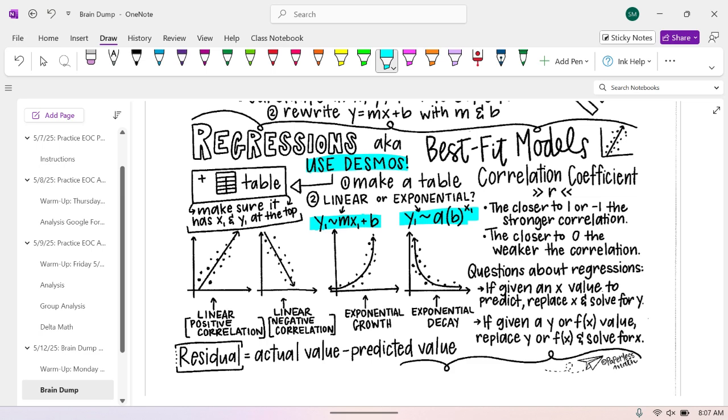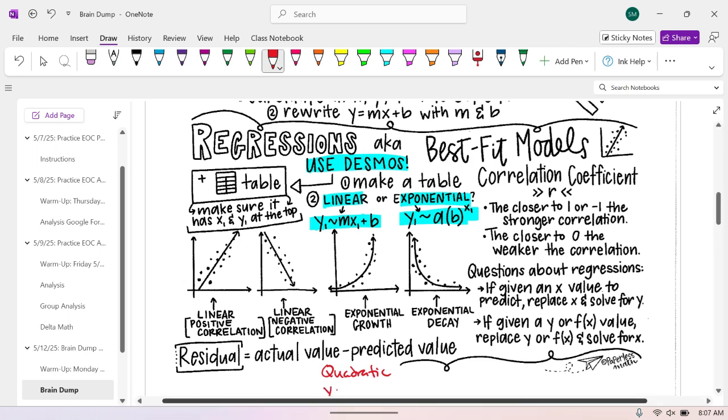That's what you would type into Desmos for linear and exponential. Now, one other thing you might want to add is quadratic, because you may get thrown a quadratic regression, and that'll be y1 squiggle ax1 squared plus bx1 plus c. So that might be something you might want to write in.